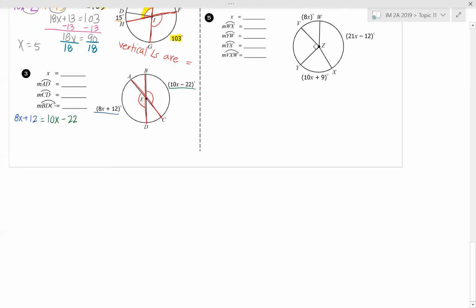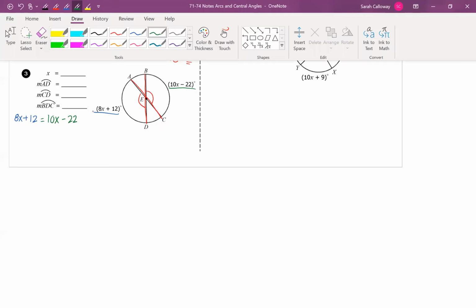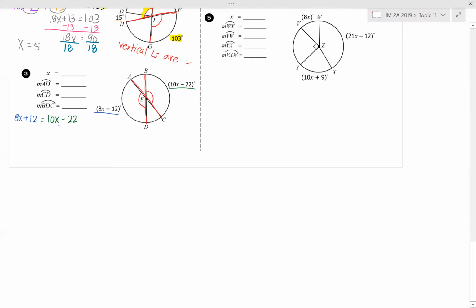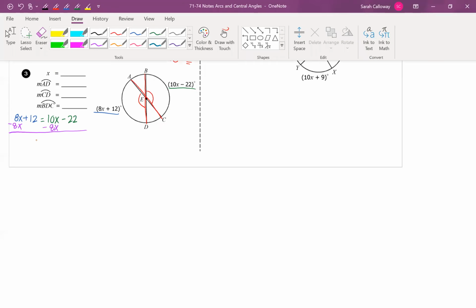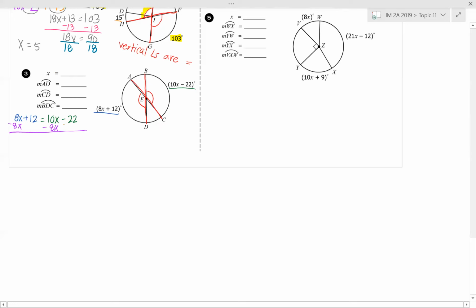So what I need to do then is move all the variables to one side and move all the constants to the other. Since I have 8 and 10, it's better to keep the 10 where it is. So I'm going to subtract 8x from both sides, and at the same time, since I'm moving the x's to the right, I want to move the numbers to the left. So I'm going to add 22 to both sides.